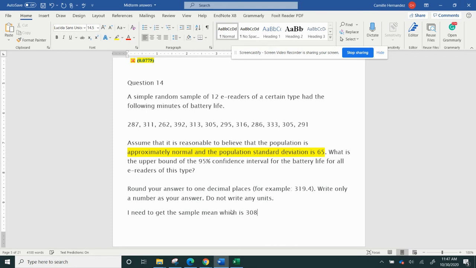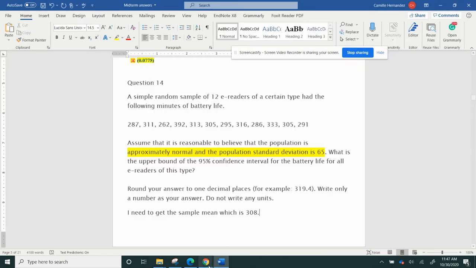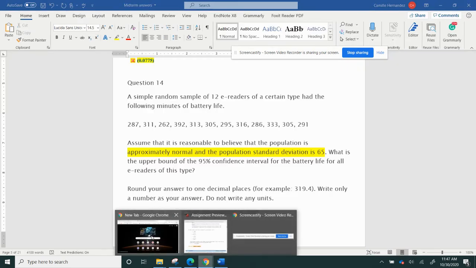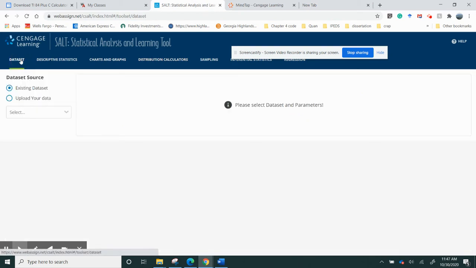Which is 308. And you can use SALT to do it too. Another way to do this is I save it, and then I go to SALT, go to data set, and do upload data set.